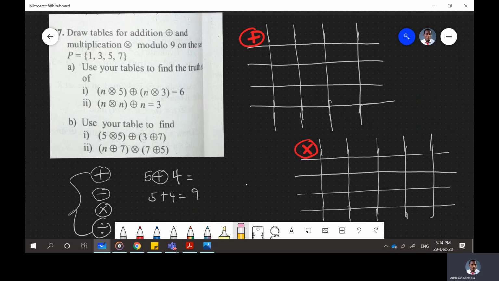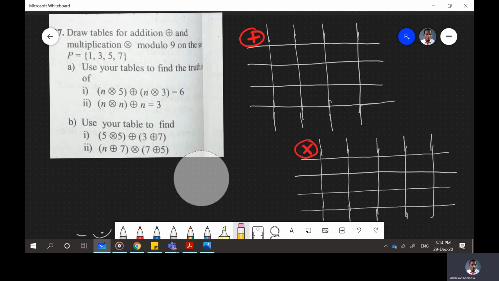Now, how do you solve problems on modulo? It's very simple. If I ask you what is the value of 12 in modulo, let's say modulo 5, what you simply do is pick the 12 and divide it by 5.